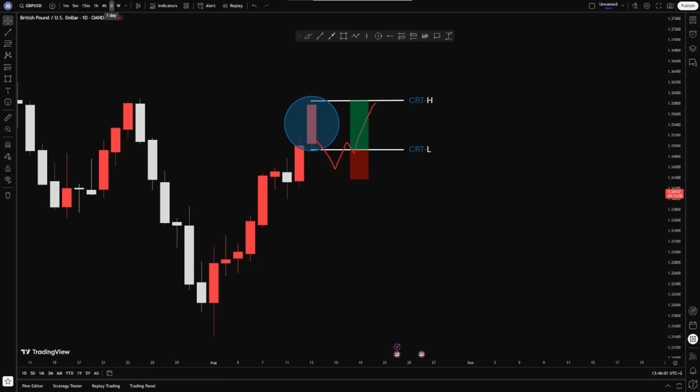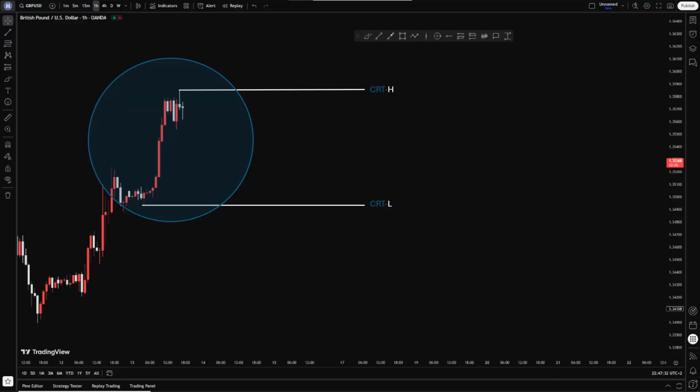Now that we've locked in our daily range, it's time to zoom in for precision. The daily candle gives us context, but the lower time frames give us execution. So let's scale down to the 1 hour chart. On the 1 hour, we can start to see the internal structure of that daily candle. Instead of one bar, now we're looking at a full range of price action. Mini highs, mini lows, consolidations, sweeps, and reactions.